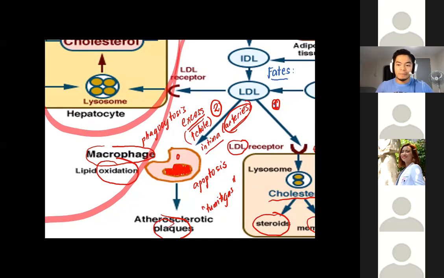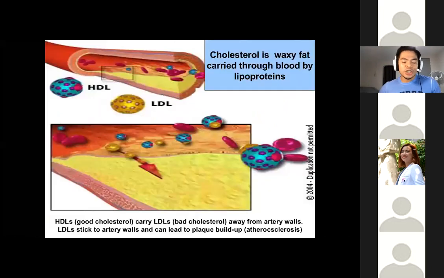So anong implication niyan lahat? I have a question. May health consequence ba yung nangyari na excess LDL? Yes, okay, meron siyang health implication. Ano ang health implication niya? Natutunan nyo sa cardiovascular drugs na ang arteries, they have to be elastic when there are changing pressures. Di ba kailangan mag-expand siya, mag-constrict siya depending on the pressure to facilitate distribution of oxygenated blood.